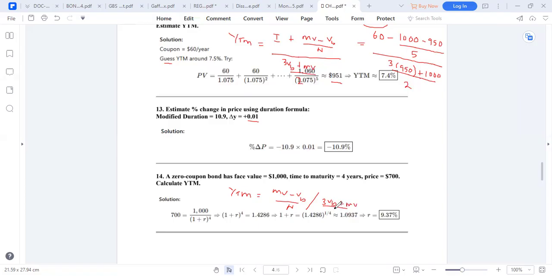So if we substitute all these figures, the yield to maturity will be 9.37%. So you need to practice this in your own time.